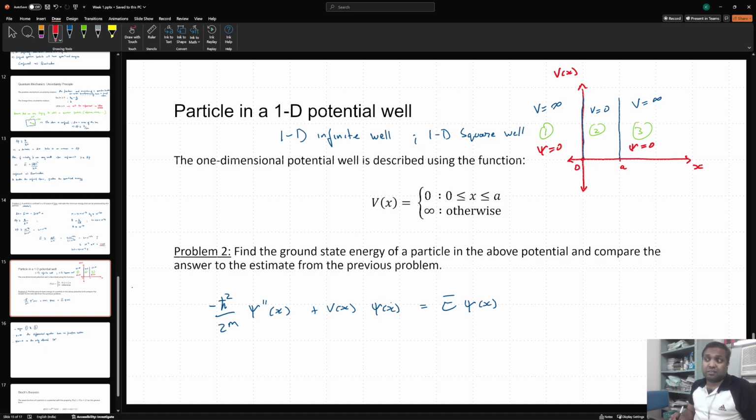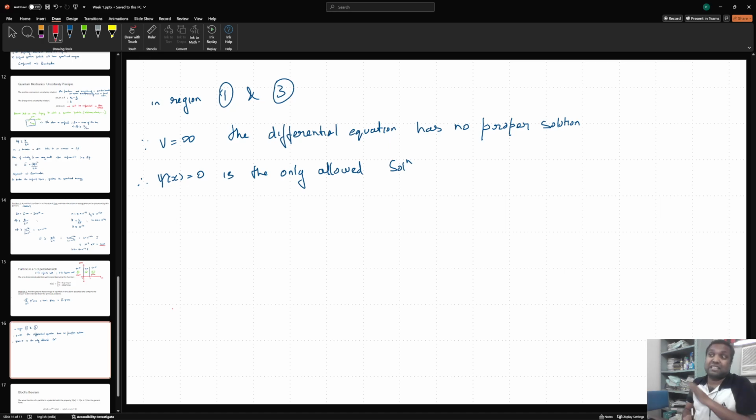Once psi of x becomes 0 here, it will multiply with v of x, so I will say that infinity times 0 is 0, but the 0 function's second derivative is also 0, and e times any number times the 0 function is also 0. So the equation is going to become 0 on the left and right sides, and that is the only thing I can do here. So in 1 and 3, psi of x is 0.